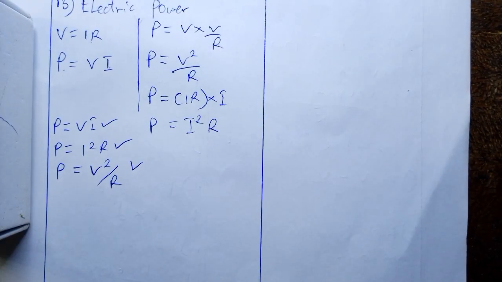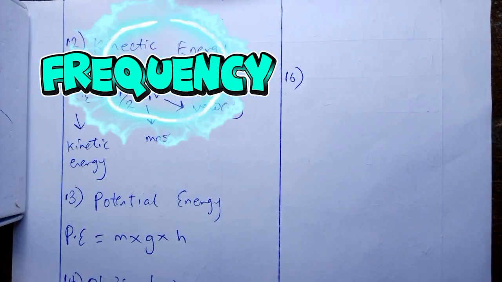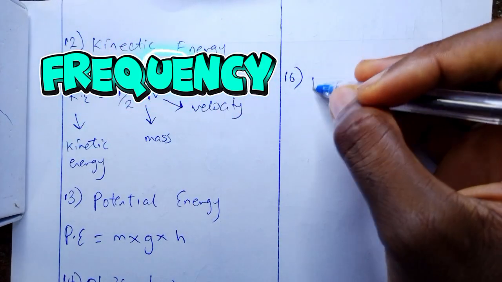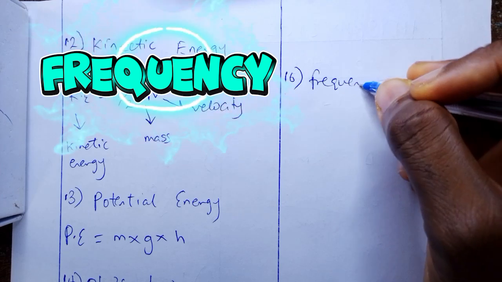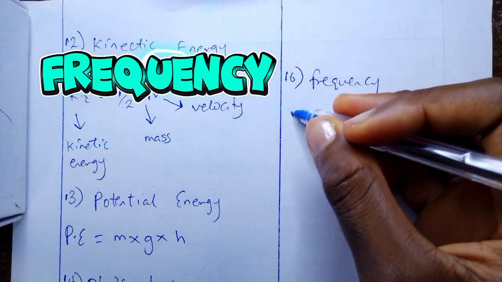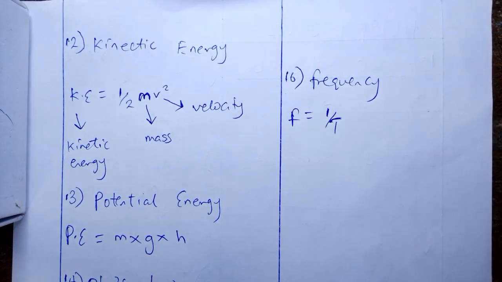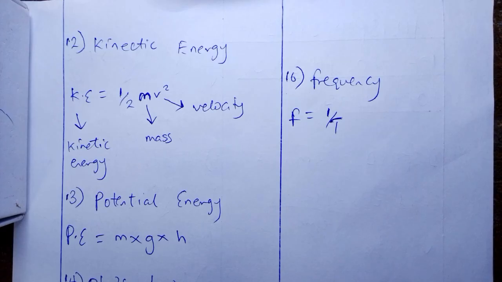Now, formula 16, we have the frequency formula. Frequency is simply the inverse of period. So you can say our frequency F equals 1 over T. And this formula is used in waves and oscillations.